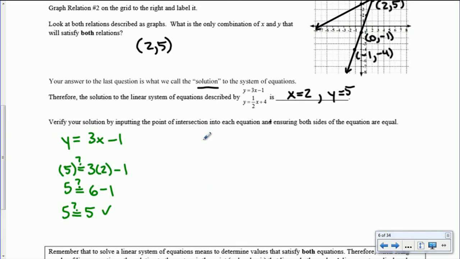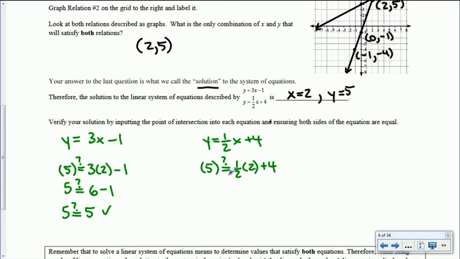And for the other one, 1/2 x plus 4, same idea. Put a 2 everywhere you see an x, put a 5 everywhere you see a y. So 5. And keep in mind, we're not trying to, quote unquote, solve this equation. We're just verifying. So we're keeping all the stuff on the left off on its own, and all the stuff on the right off on its own as well.